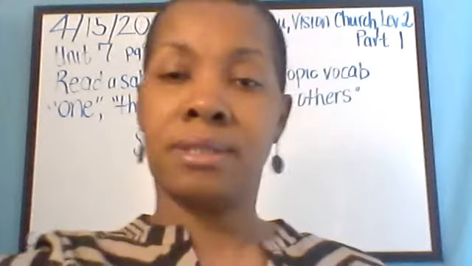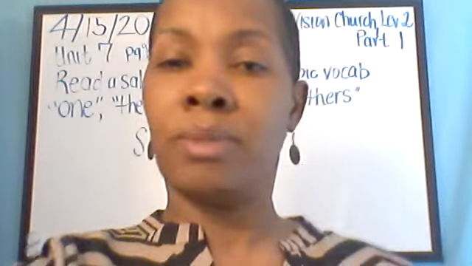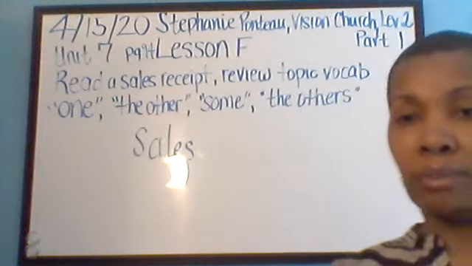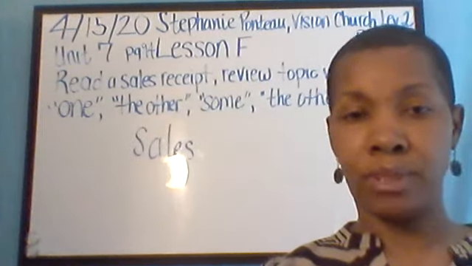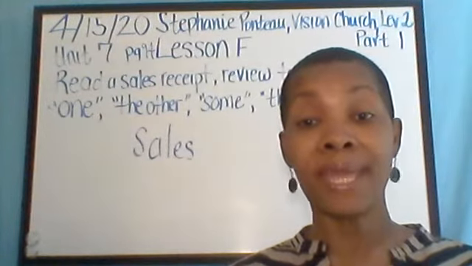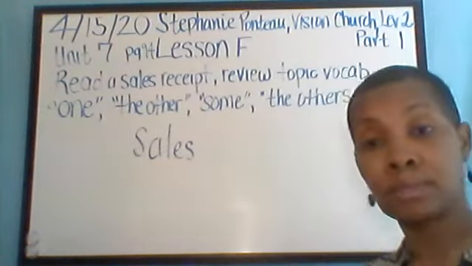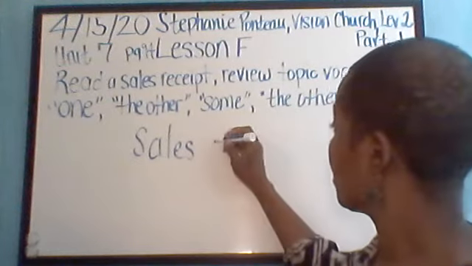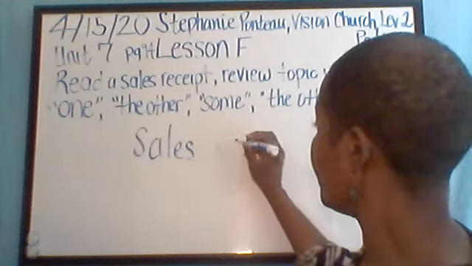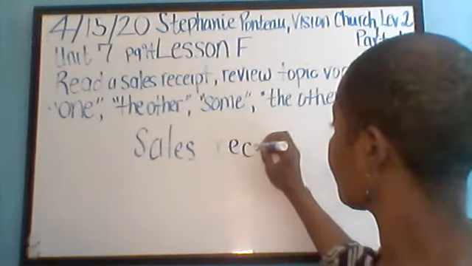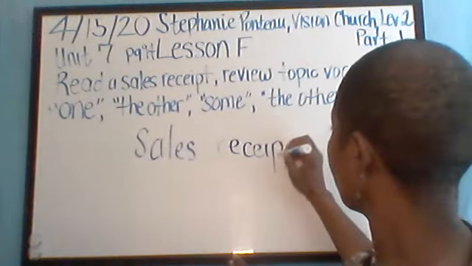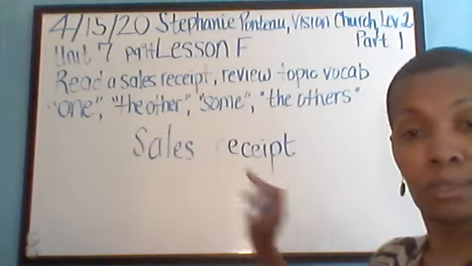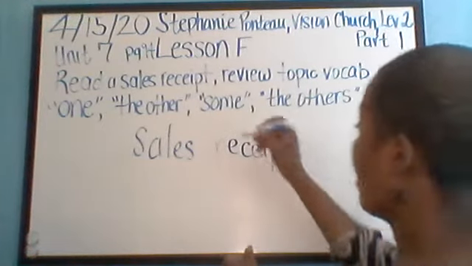My lighting is casting a shadow on my board. Okay, let me fix this. I'm going to pause for 1 minute. I think I got rid of the shadow, the glare that was on my screen. Okay. Sales receipt. Sales receipt. You see? Nope, can't see the R. Okay.